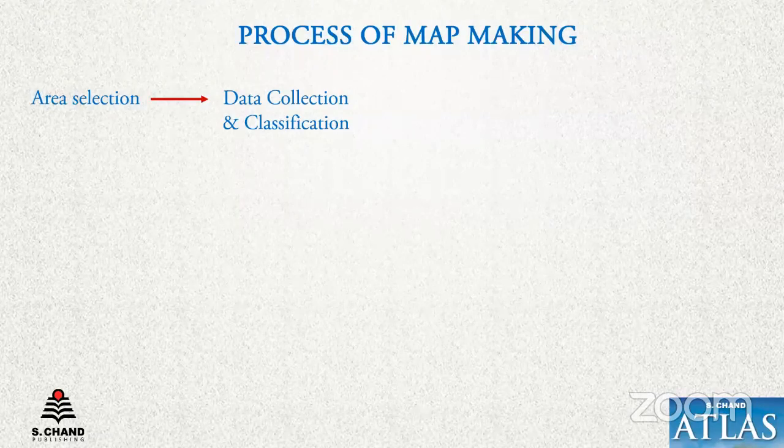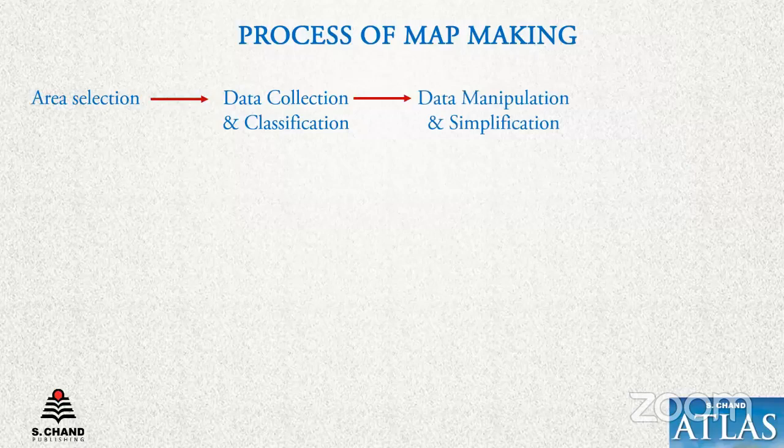The second part is the data collection of that particular area. And then data manipulation and simplification. These are vast things. We are not doing them in day-to-day life in making maps, but technology, the softwares, and GIS play an important role behind all this. Why do we do manipulation?